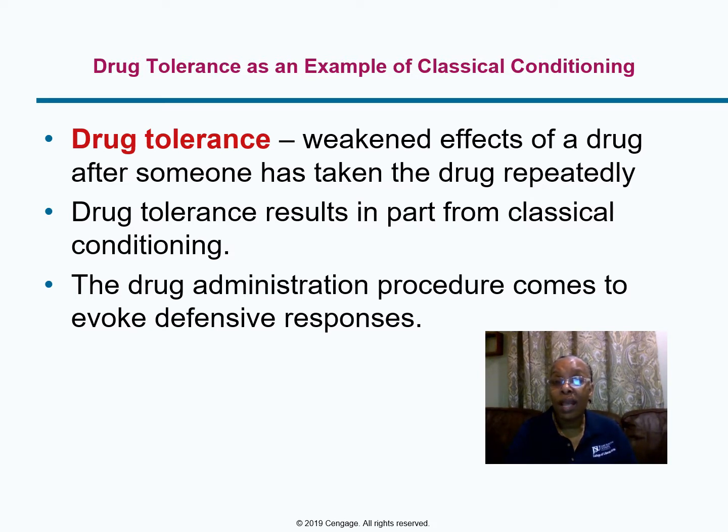So an example would be if we took the first stimulus, which is the injection procedure, that injection procedure would be considered the conditioned stimulus. The second stimulus is once the drug enters our brain. That's the unconditioned stimulus. The response, the body defenses against those drugs, is our unconditioned response.